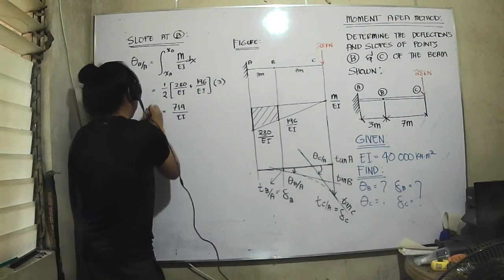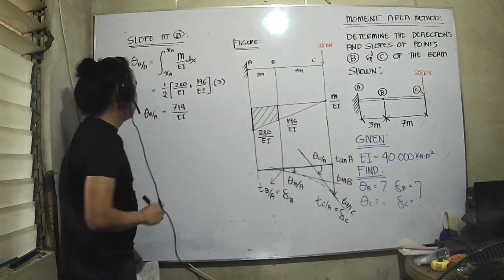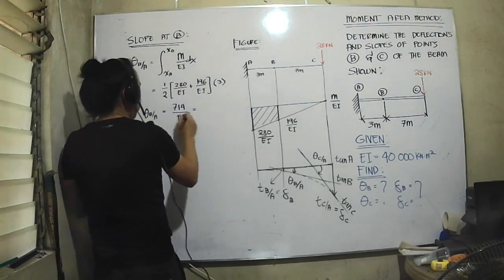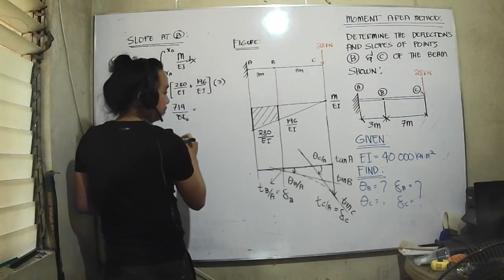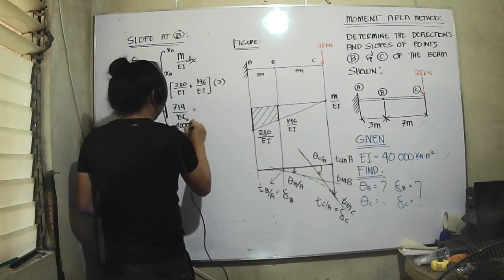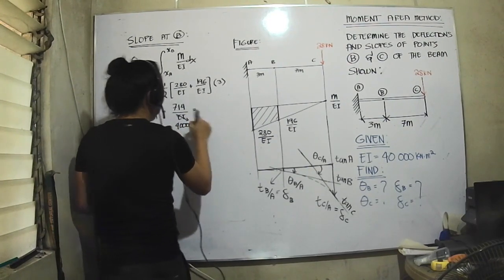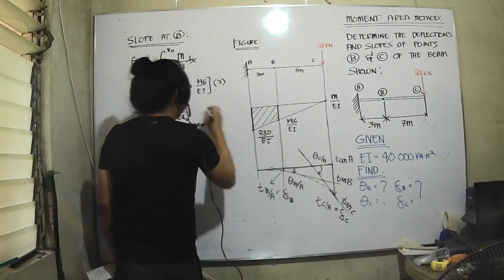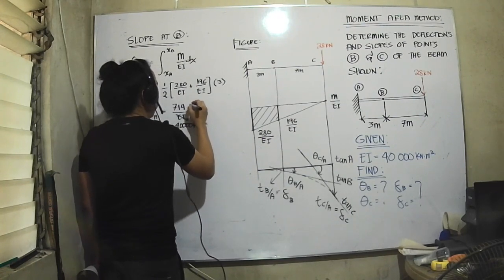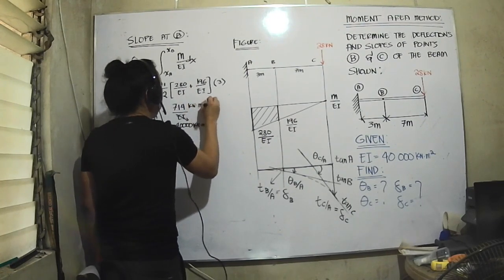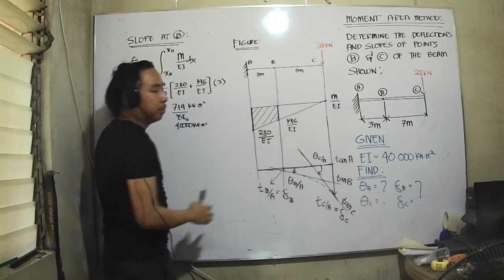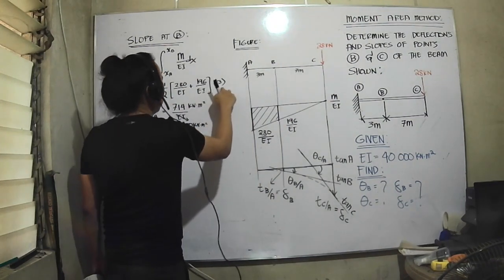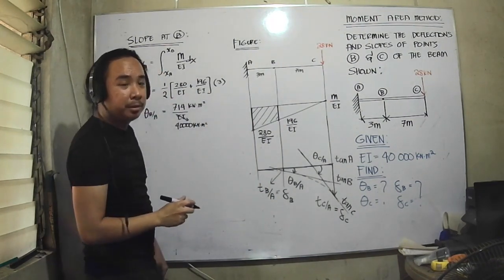Okay. Now let me simplify. EI is equal to 40,000 kilonewton meter squared. The units of moment are kilonewton meter, multiplied by another 3 meters, so it becomes kilonewton meter squared.